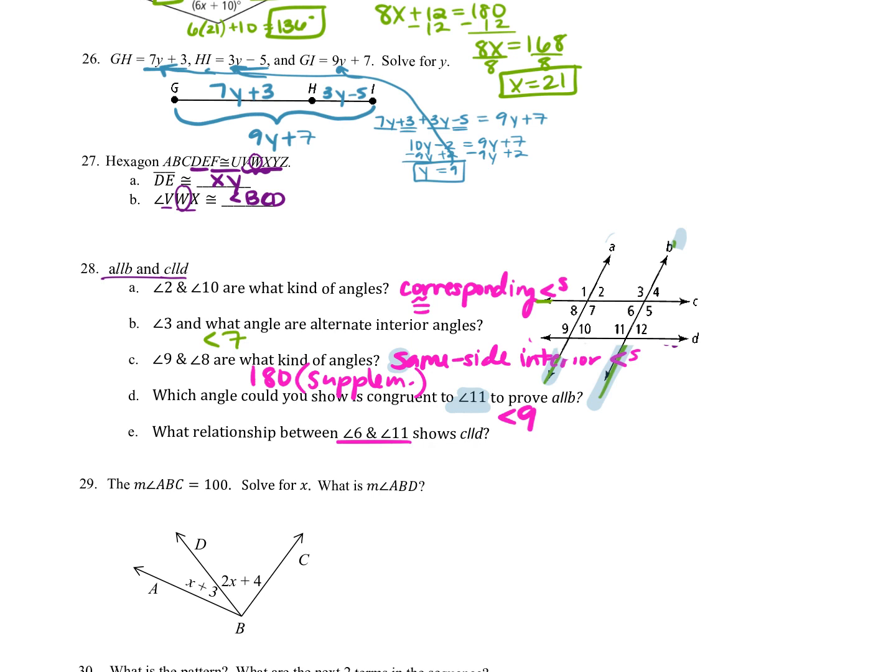So 6 and 11, okay, here's 6, here's 11. To show these two are parallel, those are same side interiors. So what relationship do you need? They need to be supplementary, meaning they need to add up to 180 degrees in order for those lines to be parallel. Okay.